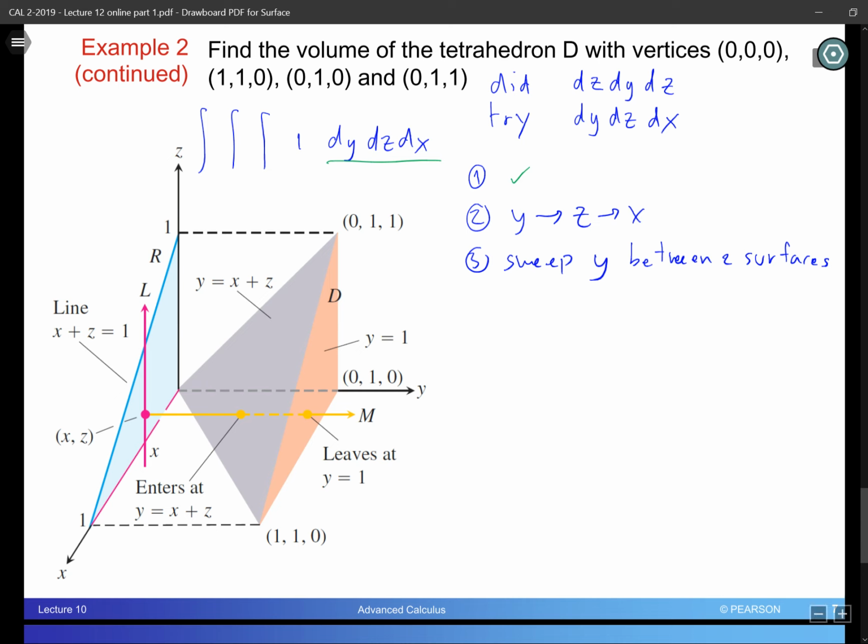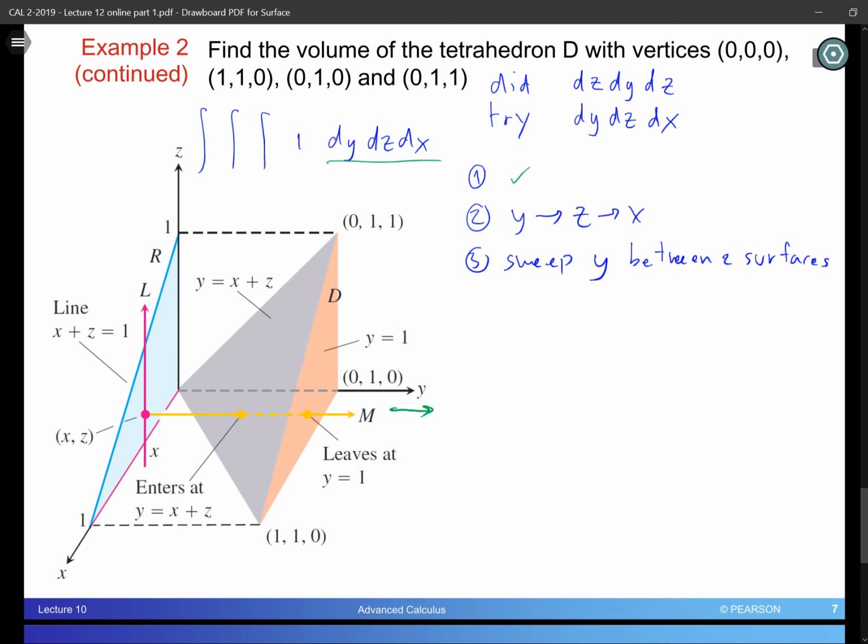So let's take a look here. You are supposed to sweep y across the object between two planes. I'm going to tell you the planes. Starting from the y direction, it goes in this direction, right? It's going to have to sweep in this direction. So you have to sweep the object.